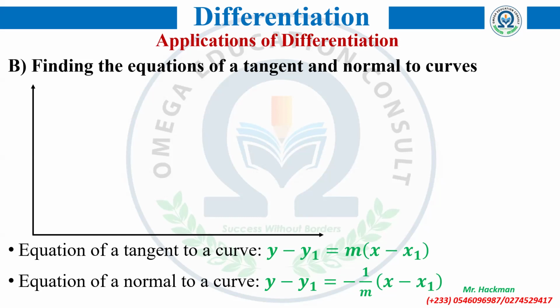If you are finding the equation of a line, we will need a point and a gradient. We know how to find the gradient, so if we are provided with the point, we should be able to extract the equations of the tangent as well as the normal.